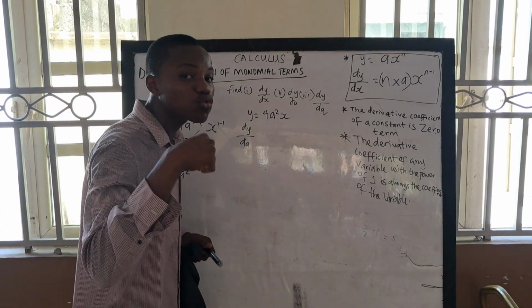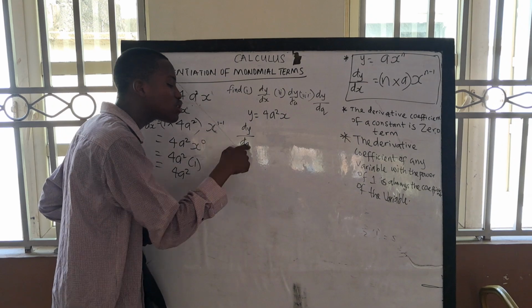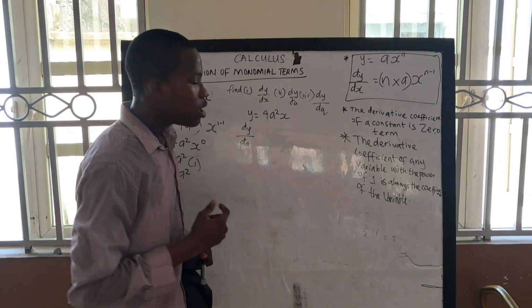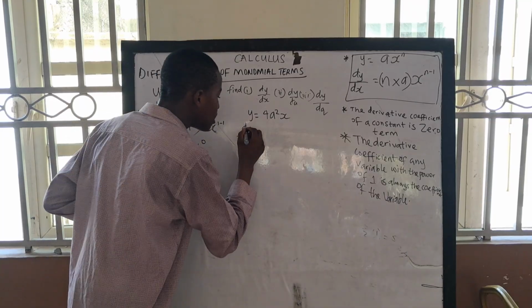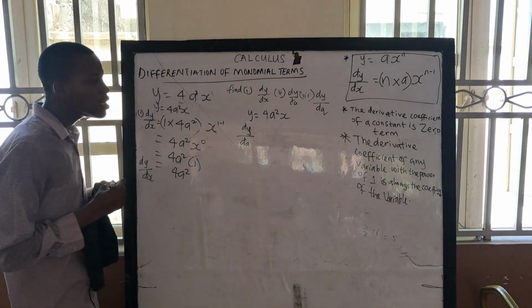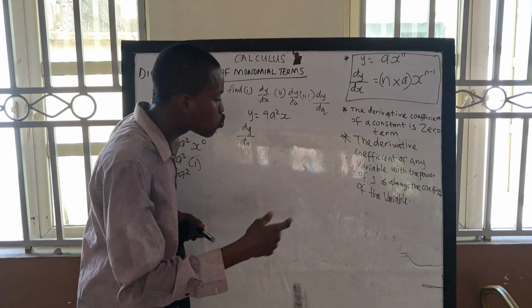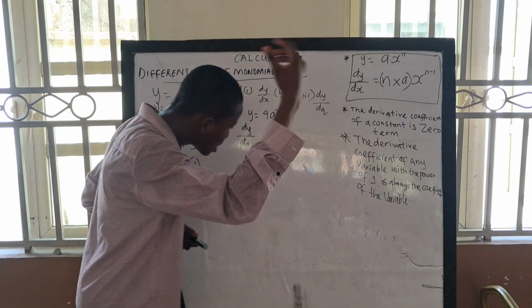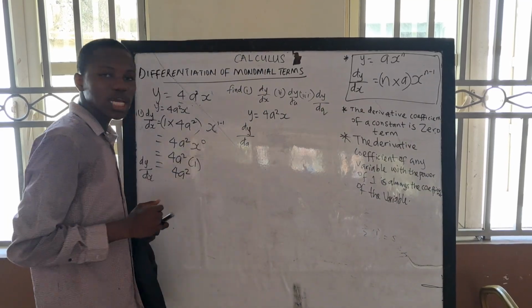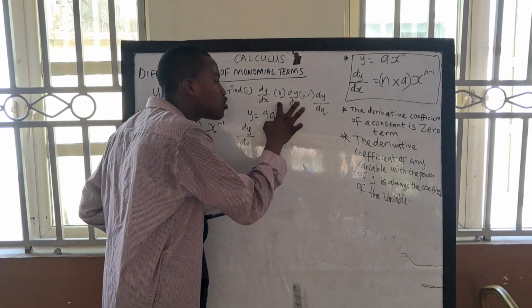No, I'm not differentiating with respect to x now, but with respect to a, because that's what is here. With respect to means regarding a. So I'm differentiating y with respect to a. That means everything I'm doing will just be concerned with a.